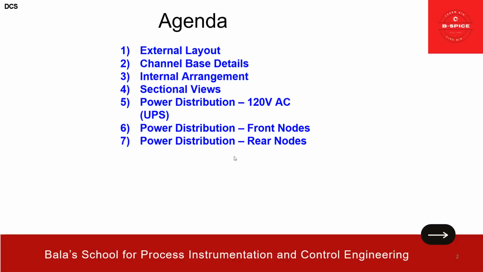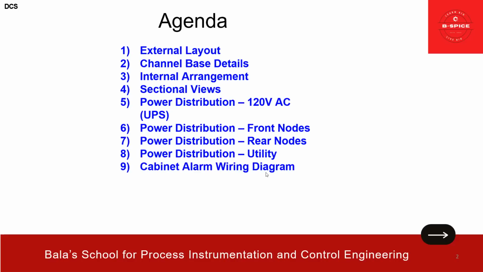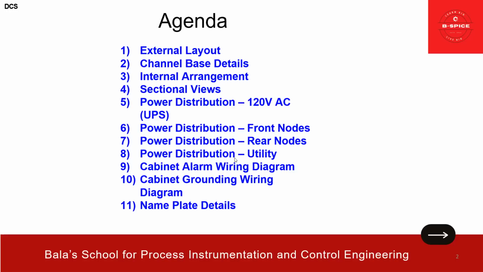Then the power distribution drawing for the rear side nodes. Then utility, meaning the fan, light and socket. Then the cabinet alarm and wiring diagram, and the cabinet grounding and wiring diagram. So these are the 10 aspects we are going to cover.